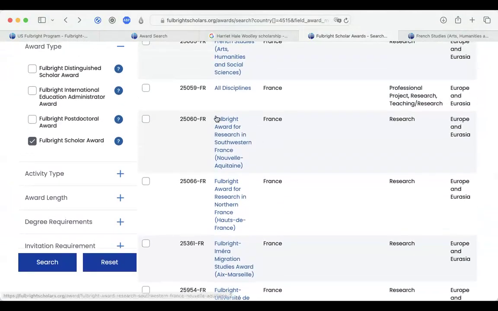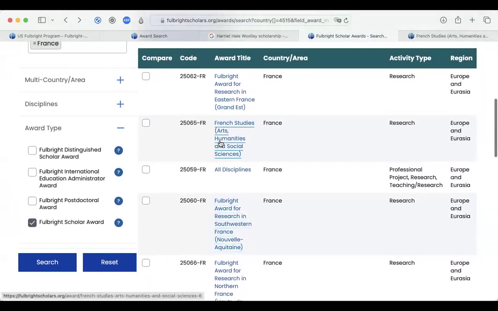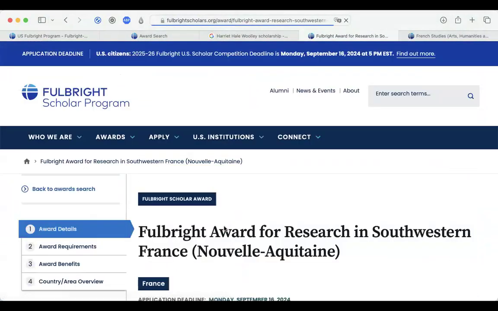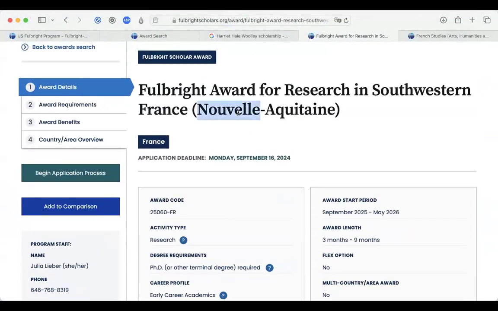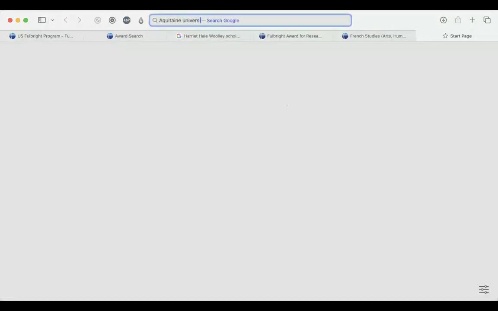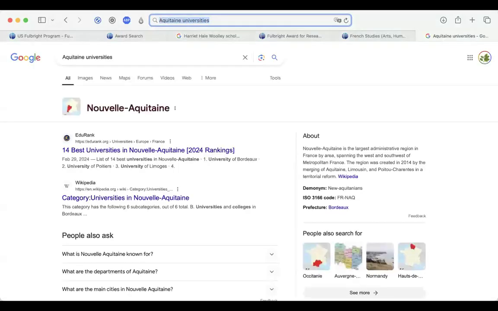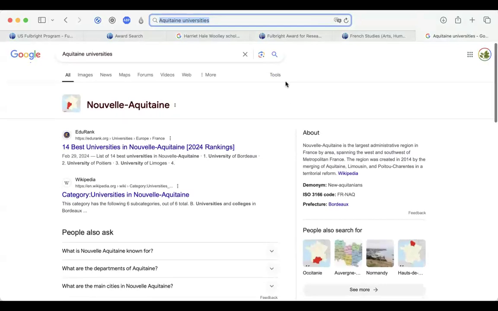to potentially apply for that. So let's say we're looking at the Nouvelle-Aquitaine Award here. All right, now, if you had no prior idea of the geography, you could go ahead and just search, for example, Aquitaine universities and see what comes up. Now, is EduRank a website that you'll be looking at otherwise?